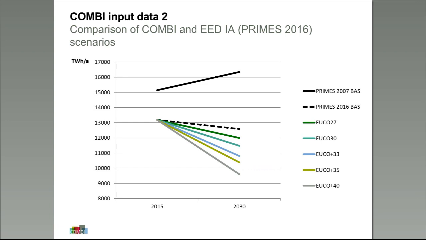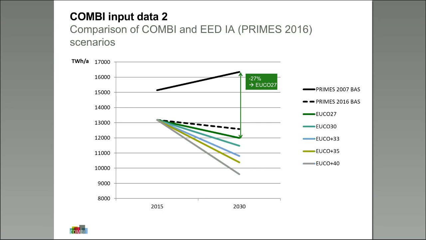So this probably most of you know. If a target of 27% reduction is discussed, this relates to 2007 and not to 2016. That's a very important point. And it also means that a 35% target is not actually 35% savings versus the current baseline, but versus 2007.